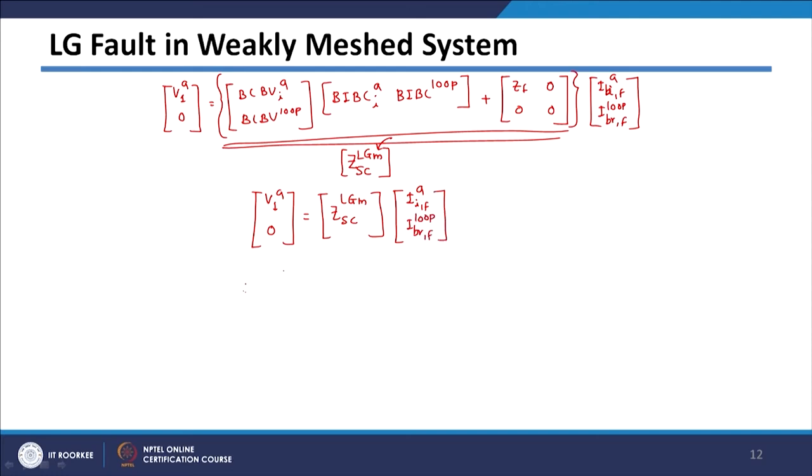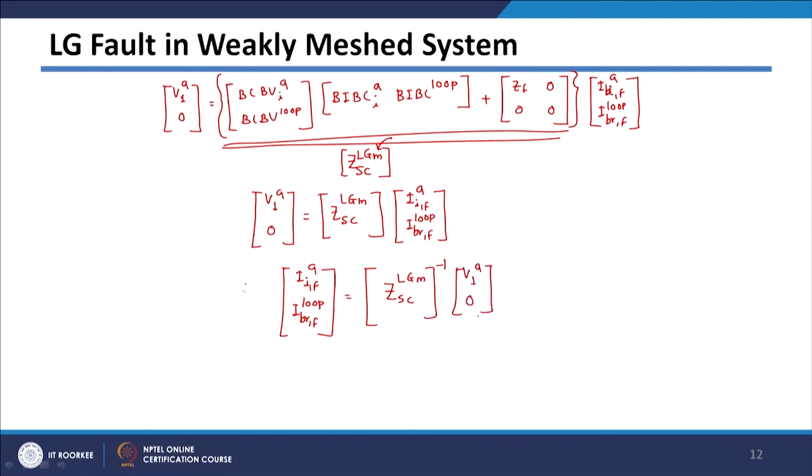So we can easily write the fault current in A phase and corresponding currents in loop forming branches, because this fault current may flow through some loop forming branches: ZSC LG mesh inverse multiplied by V1A 0.